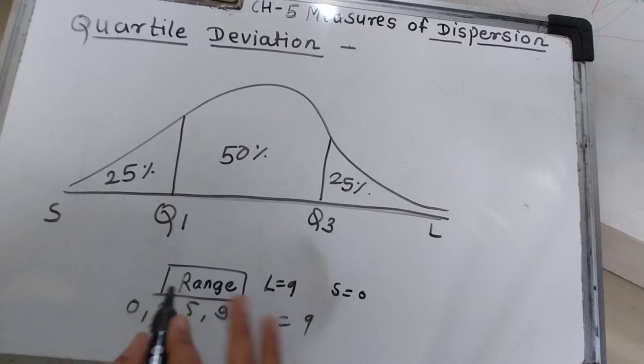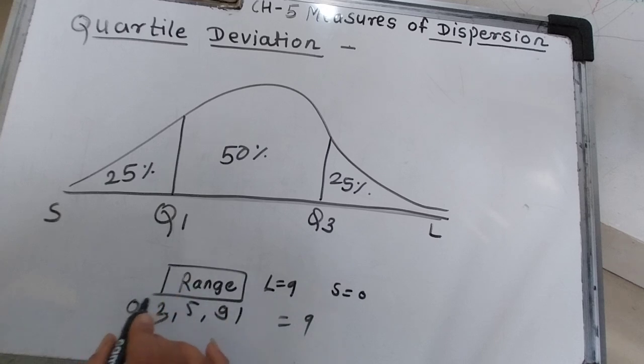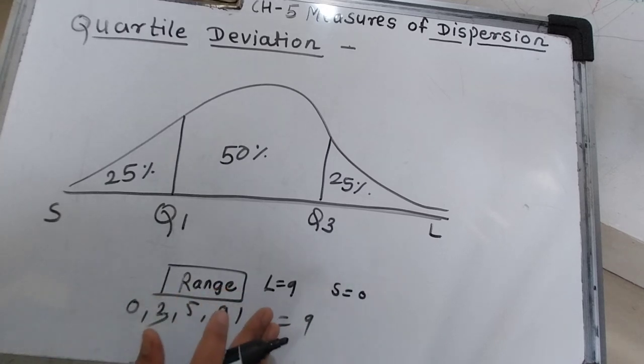In many situations, extreme items are widely separated from the remaining items. See here, 5, 3 and 9. There are many gaps: 9 minus 3, there is a gap; 1 and 9, there is a gap.